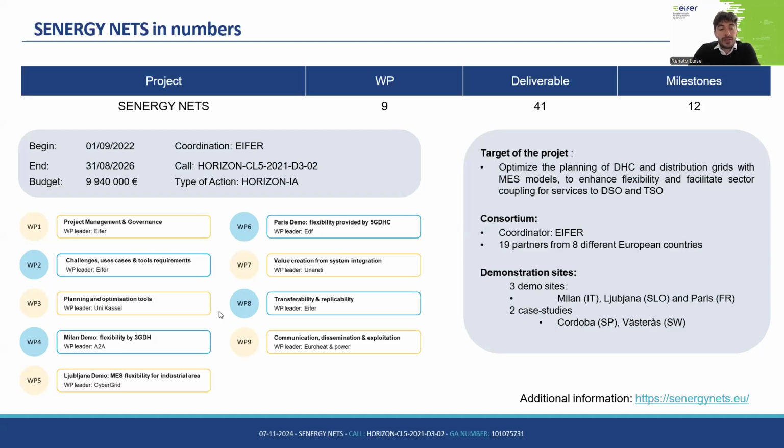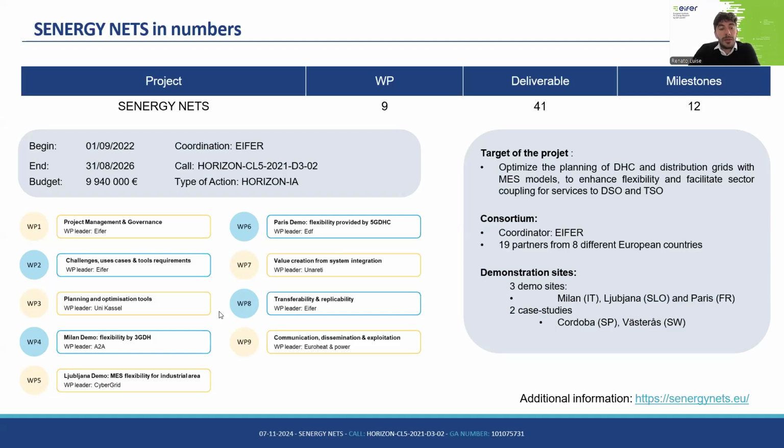Then we went through work package 3, which mainly concerns the planning of the optimization tool. So you already saw something in the previous presentation, and you will see something later and also in the next webinars.